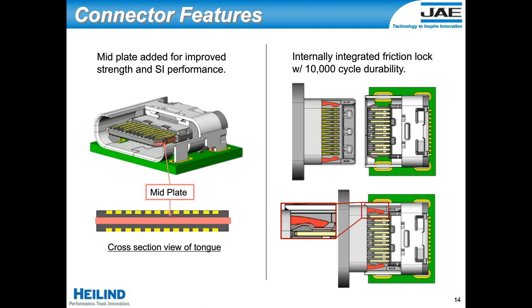Having metal on plastic over time is going to wear out the plastic very quickly, and then it's going to reduce the effectiveness of the locking latch and reduce the retention force of the connectors. This internal latching feature also gives a good ground path inside the connector as well.